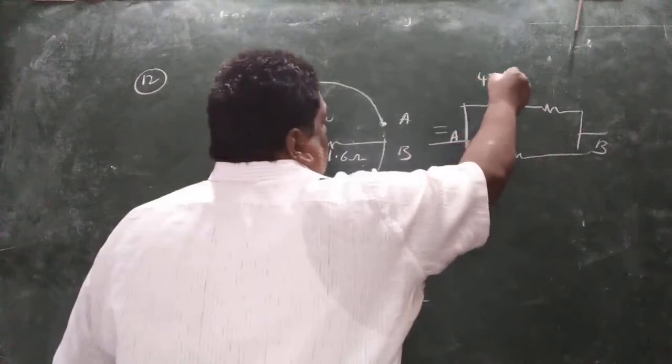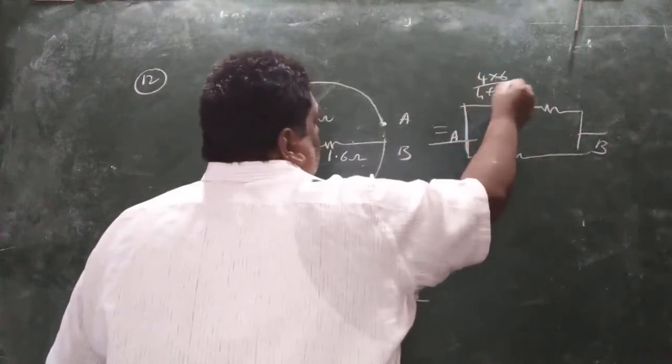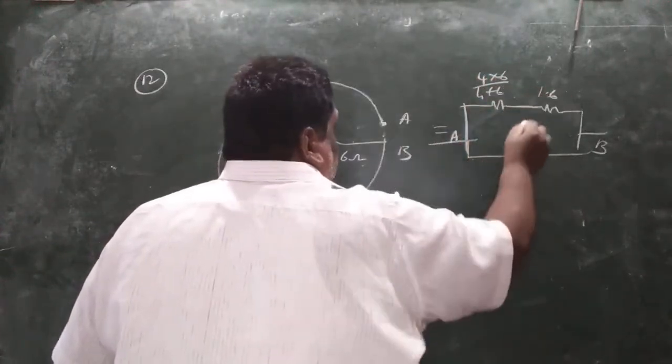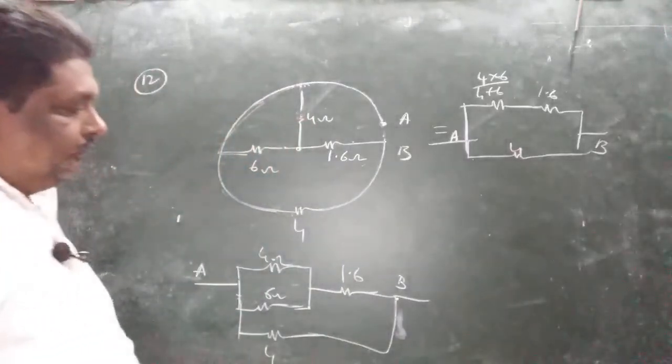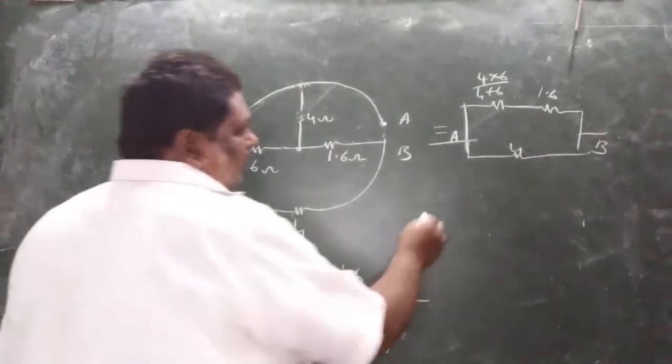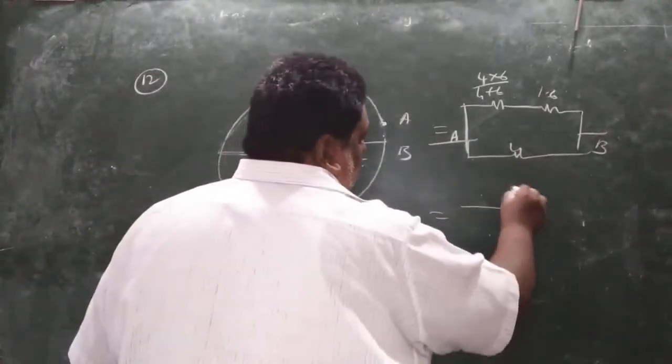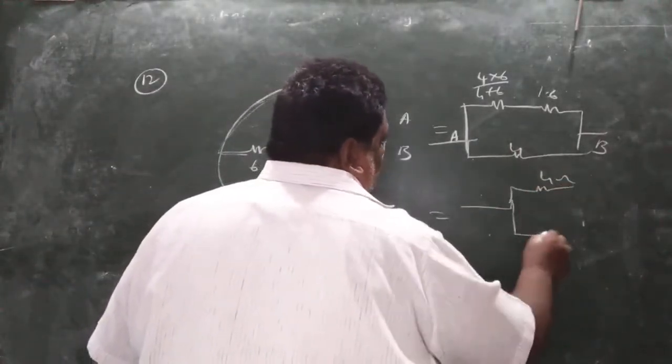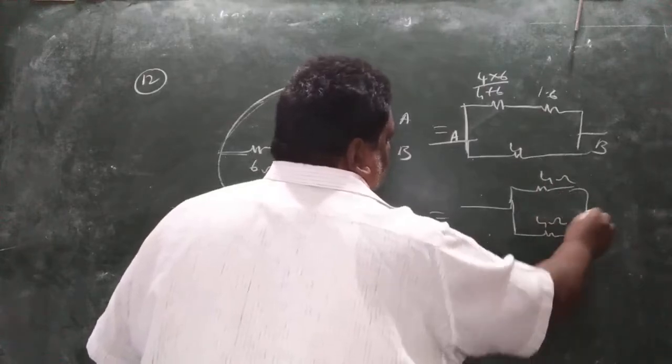Here it is 1.6, so that is 2.4 plus 1.6, which is 4. This is reduced into 4 ohms and 4 ohms.